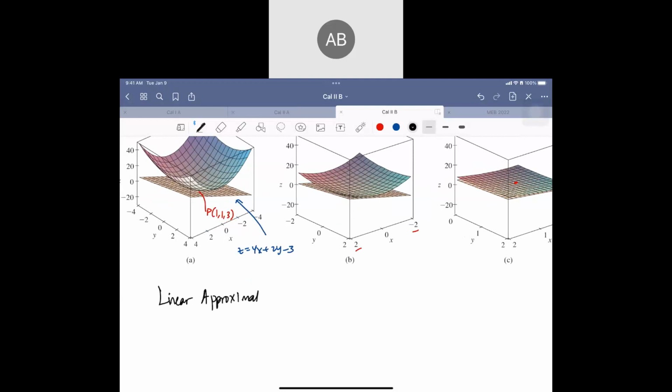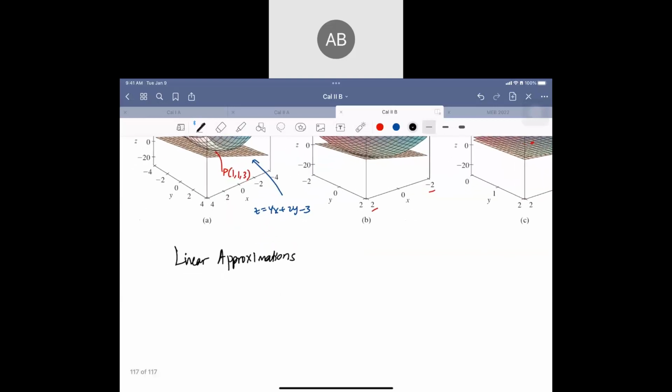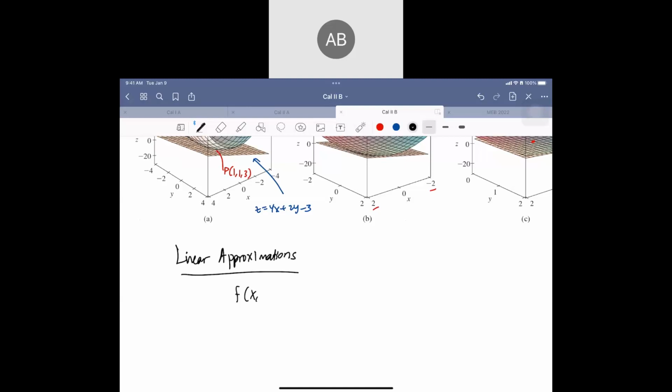So we found from the previous example that this function at this point has a plane z equal 4x plus 2y minus 3.